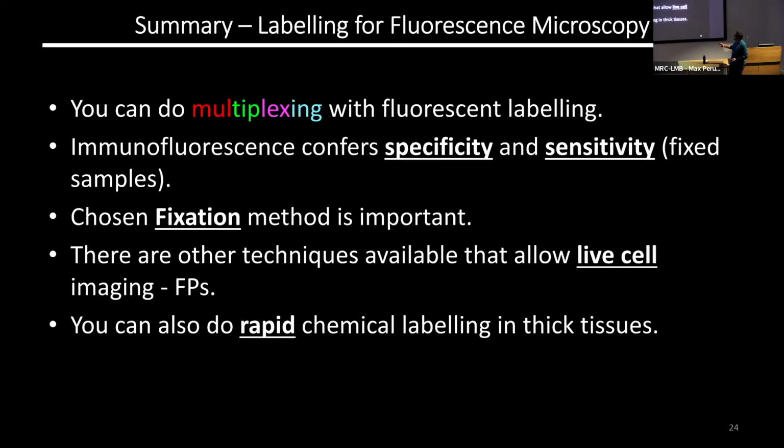You have immunofluorescence conferring specificity and sensitivity on fixed samples. Choosing the fixation method, of course, is important, depending on what you want. And you also have other techniques like fluorescent protein fusion for live imaging, and also some rapid chemical labeling, for example, labels that bind directly to your molecules.